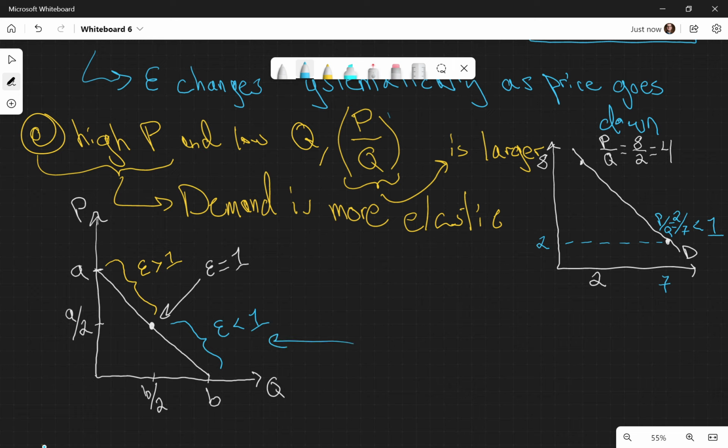This has to do with the fact that at low prices and high quantities, that ratio P over Q is small.